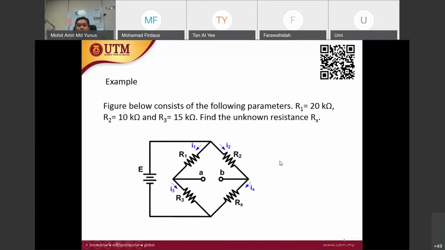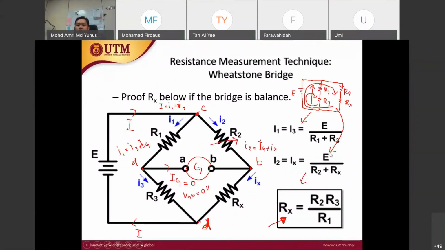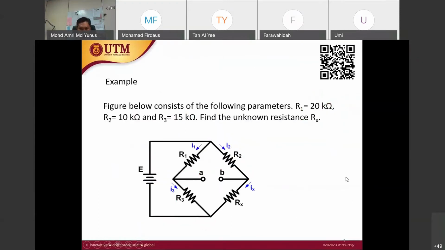Now let's start here. How can we move from this to this equation?